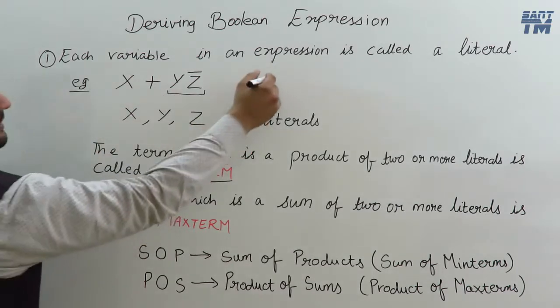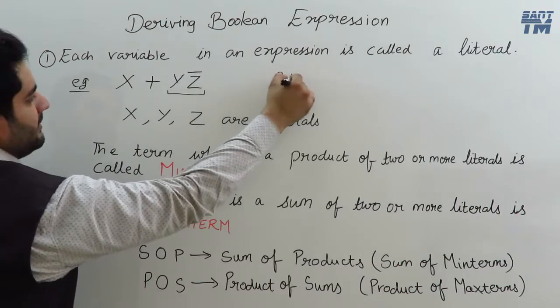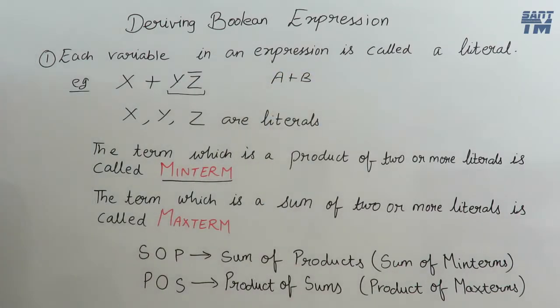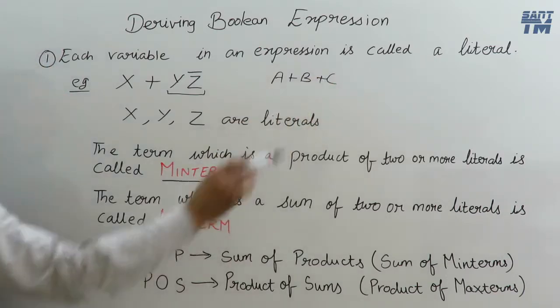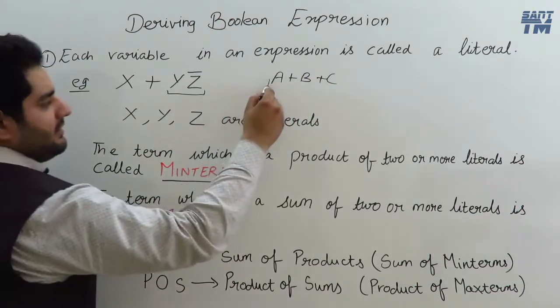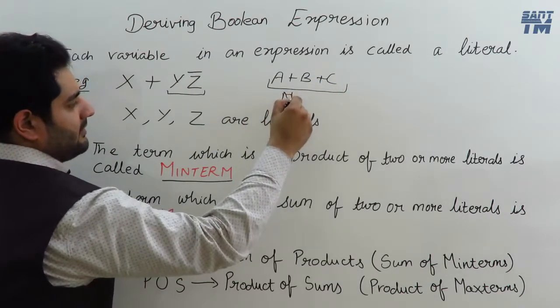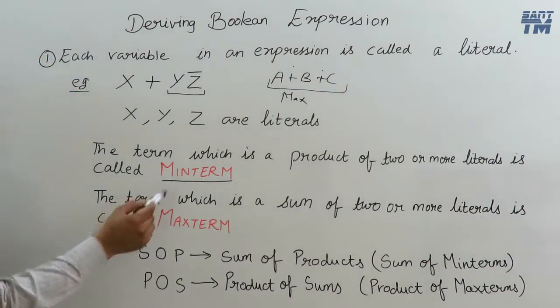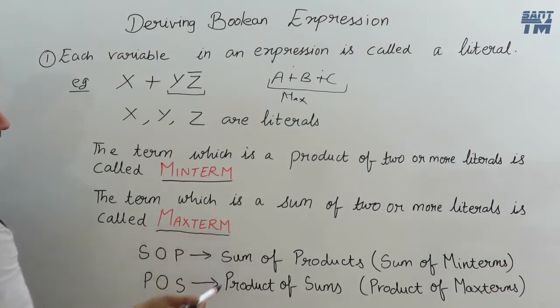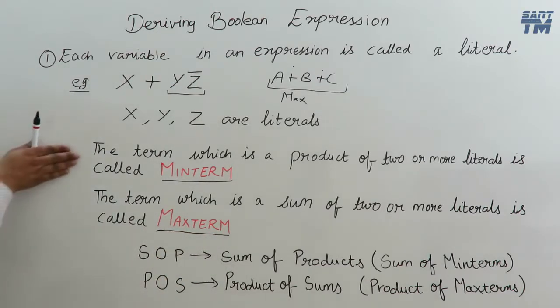Suppose there is an expression, say a plus b, then a and b are two literals; there can be more than two also. Say there are three literals. The sum of these three literals is called a maxterm. If it was the product of the three literals, it is called a minterm. If it is the addition of two or more literals, it is called a maxterm. I hope minterm and maxterm are now clear to you.